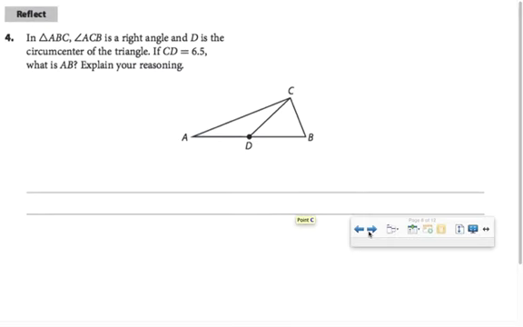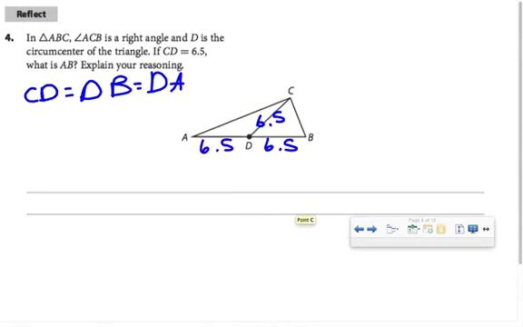Well, CD is 6.5, and CD has to equal DB, has to equal DA, since D is the circumcenter of the triangle. So this is 6.5 and this is 6.5, so that means the length of AB is 13.